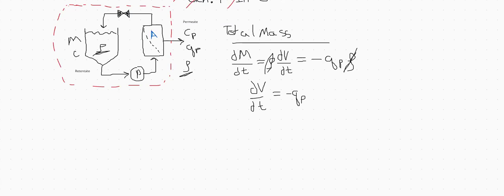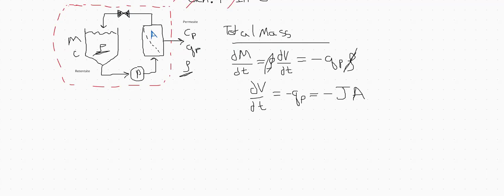Now, the permeate flow rate, because we have this area associated with the filter, we can write that the flow rate will just be equal to the flux, which is the flow rate per area, times the filter area. Okay. So this is the total mass balance, or volume balance, for the system.